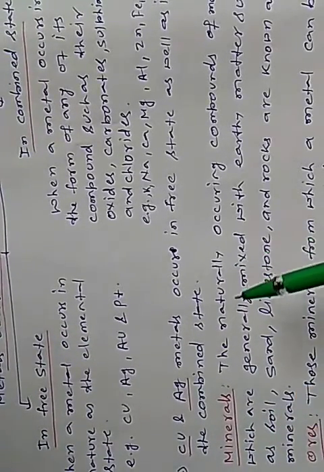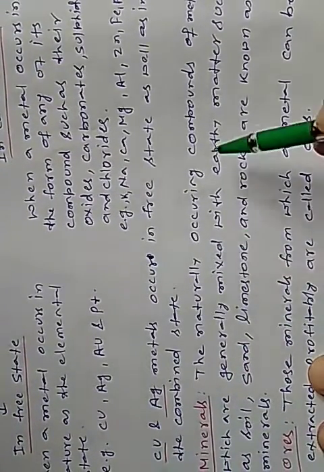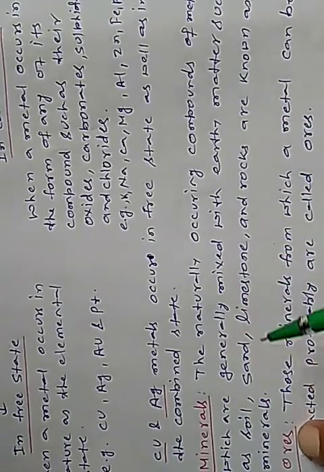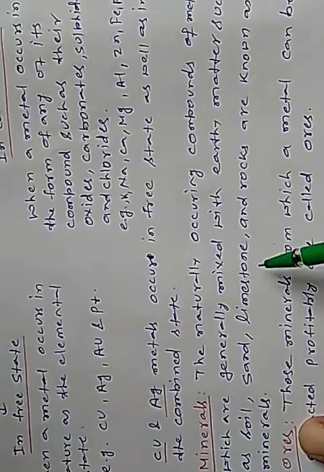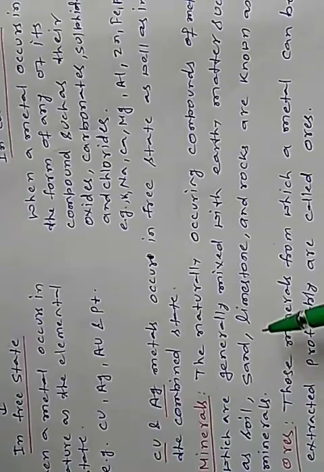Now the next term, what are minerals? The naturally occurring compounds of metals which are generally mixed with earthy matter such as soil, sand, limestone and rocks are known as minerals.